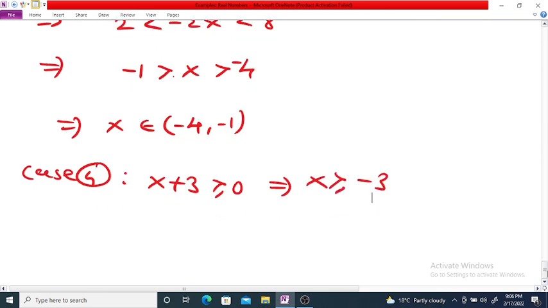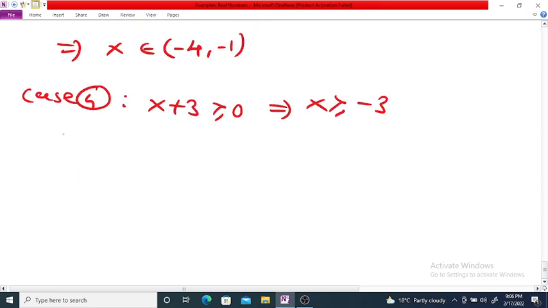Then the mod of x plus 3 is equal to x plus 3, since it is a positive number, and then mod of x minus 2.